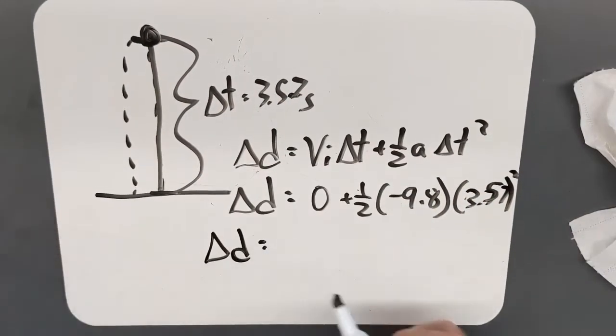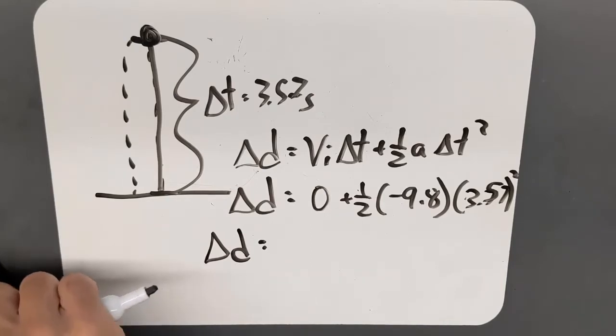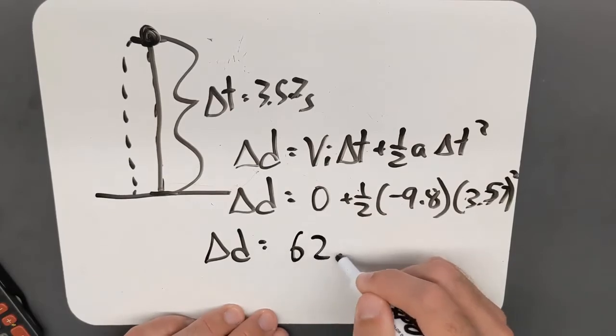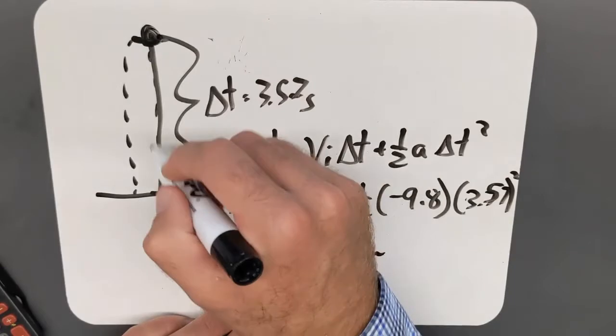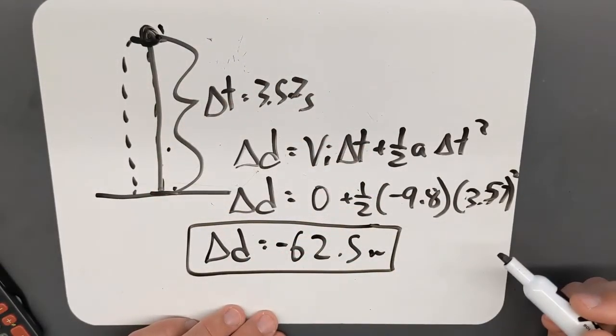So delta D is, and we got our calculator, 4.9 times 3.57 squared should give me 62.5. Notice that it's negative because we're dropping it from the top, so it's going down, but that just tells us that it's 62.5 meters high.